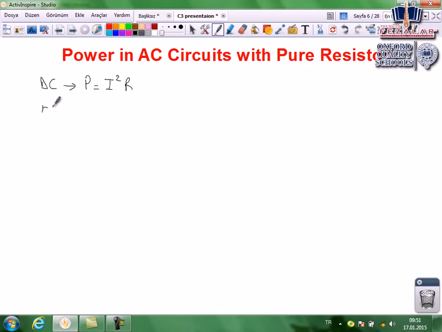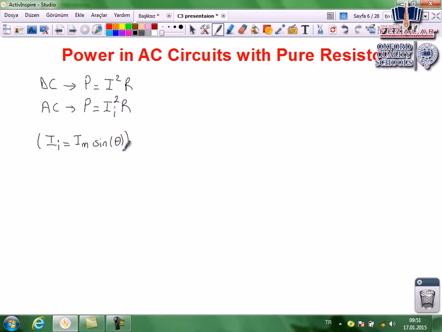For AC, power is the instantaneous value of current squared times R. Then remember, in an AC circuit, the instantaneous value of current is calculated by the maximum value of current times sine theta.